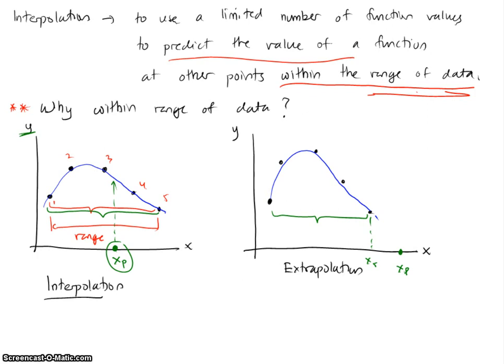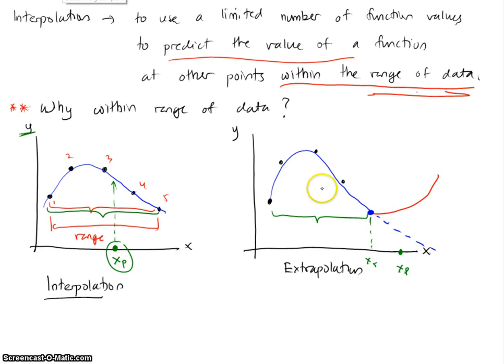Extrapolation is not accurate. For example, this blue curve here probably represents the actual line, but we only know up to the fifth point over here. Whatever happens after this is beyond what we know. If you fit a curve to this, we might extend this curve downwards, but in reality your curve could have gone up, but we wouldn't know because the only data points that we have are from 0.1 to 0.5.